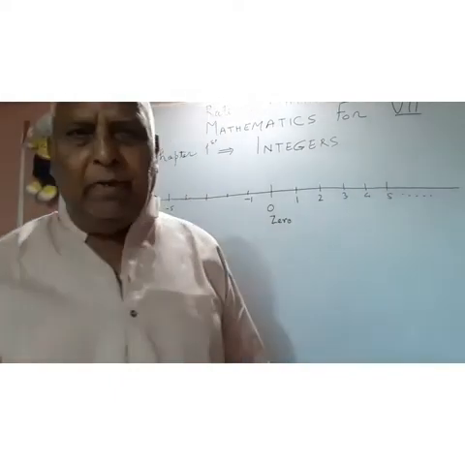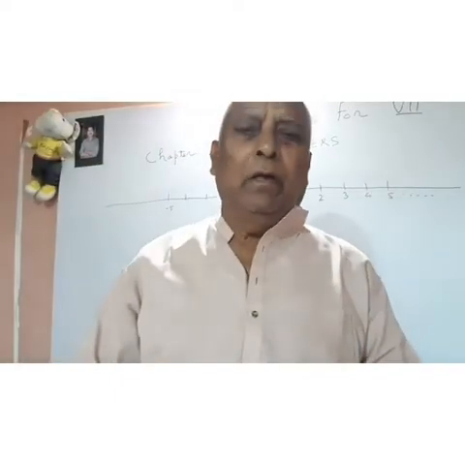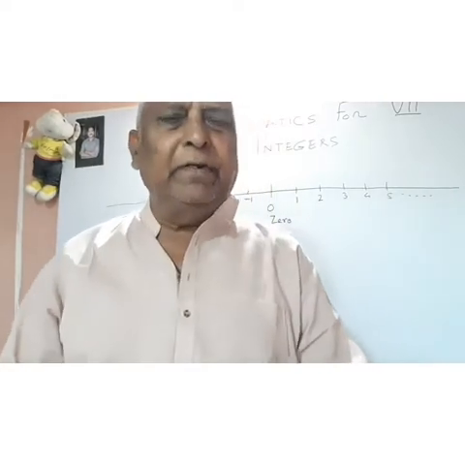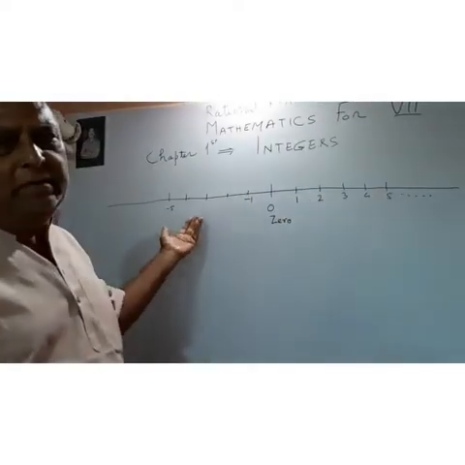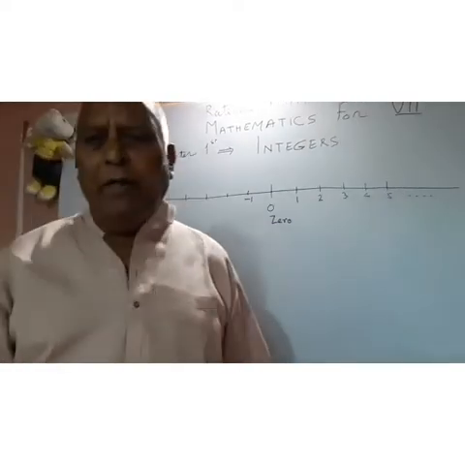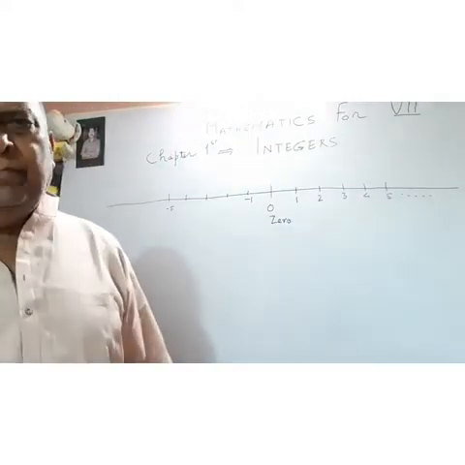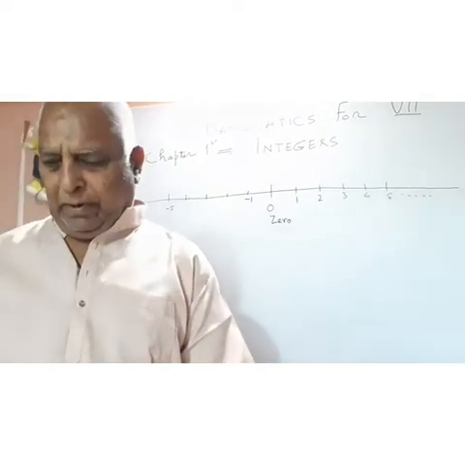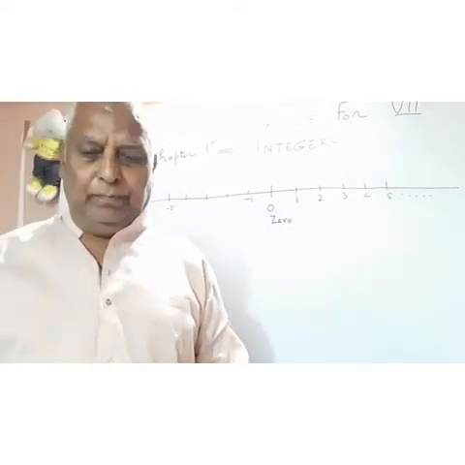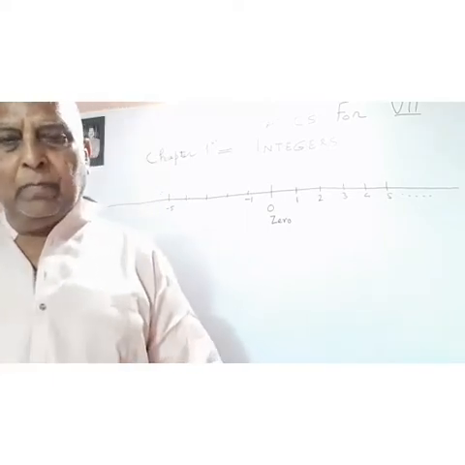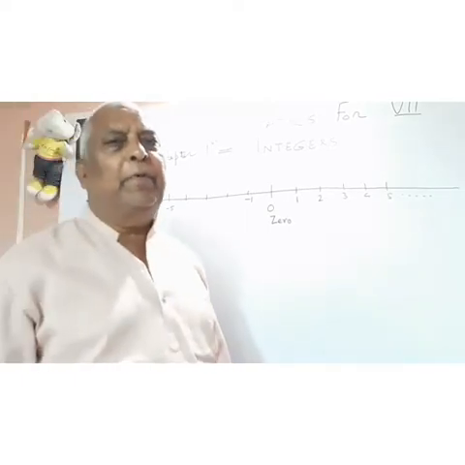Both types of these numbers are called integers, positive integers and negative integers. You already have read this thing in your previous class. Now I want to give some properties of these integers.